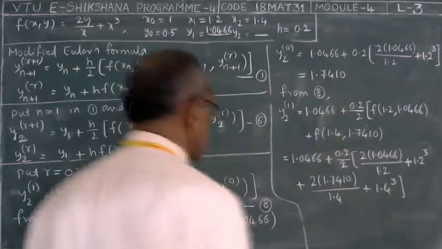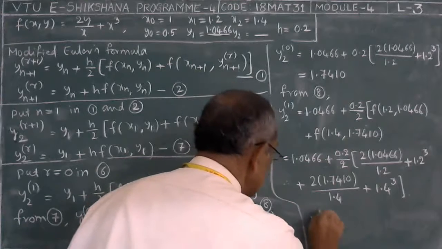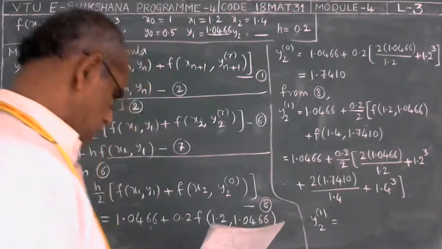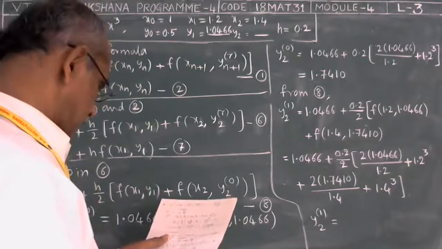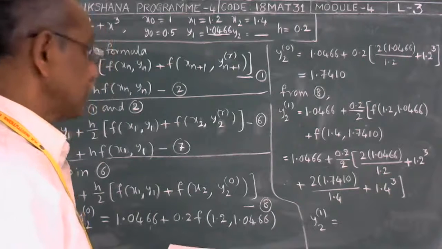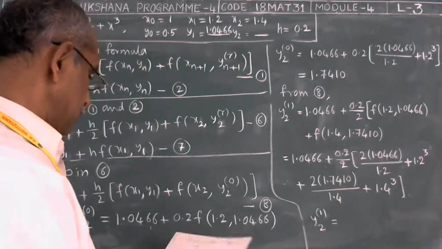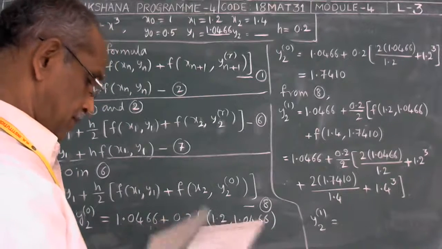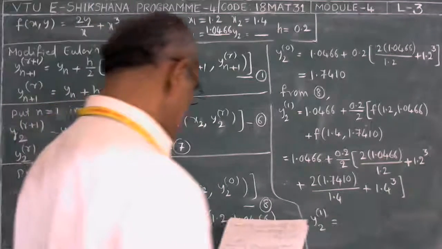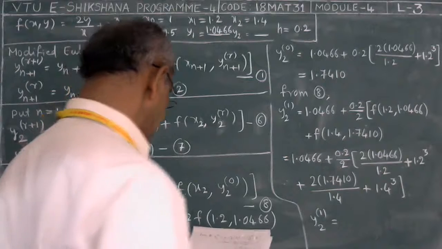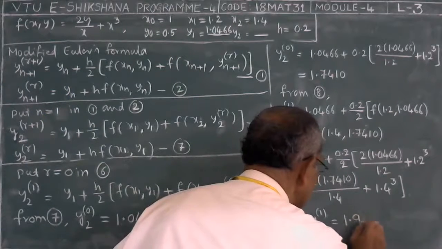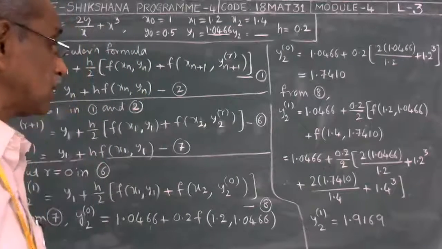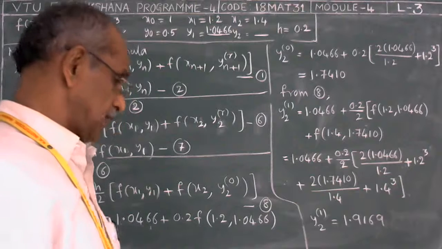Close the bracket. If you carefully compute, y2 (1) is 1.9169. That is the first iterative value.